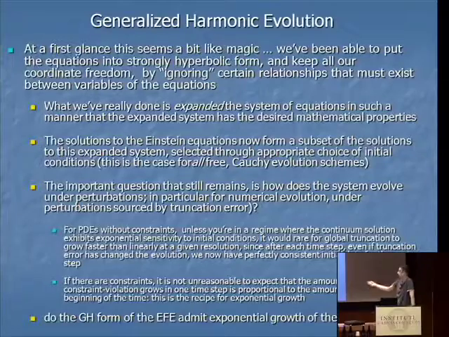Let's just imagine a system of PDEs where there weren't constraints, so every solution is a viable solution. We start with exact initial conditions and evolve forwards in time. Because of truncation error, how fast can the numerical solution deviate from the continuum solution that we're interested in? Now this is definitely not a general property, but imagine you're in a region of solution space where there aren't exponential instabilities, so the solutions are relatively well behaved, and you evolve the equations forward one time step in a system without constraints.